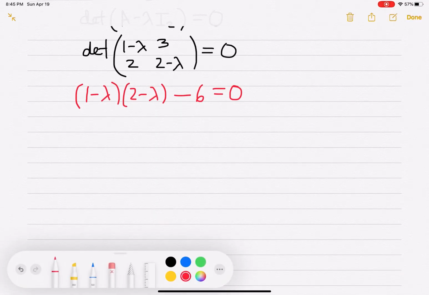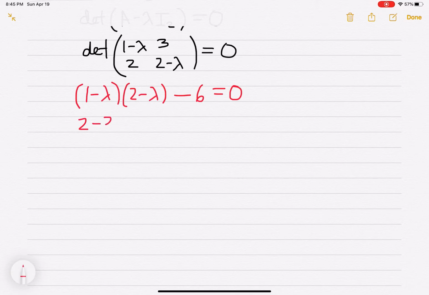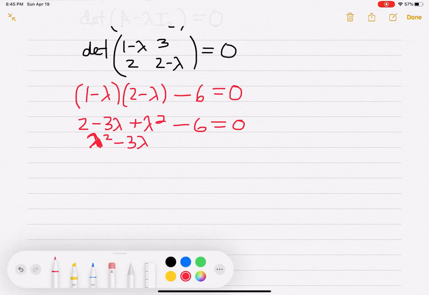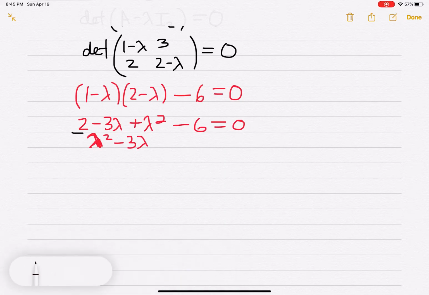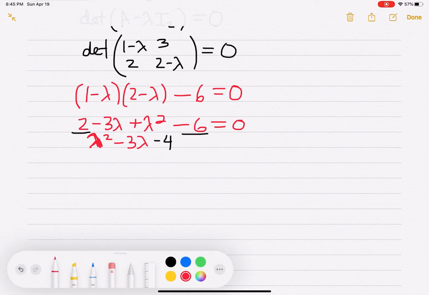We're going to have 2 minus 3 lambda plus lambda squared, and then to the right of that, minus 6. That's equal to 0. We're going to have lambda squared minus 3 lambda. We're going to combine like terms: 2 and minus 6 give us minus 4. All that's equal to 0.